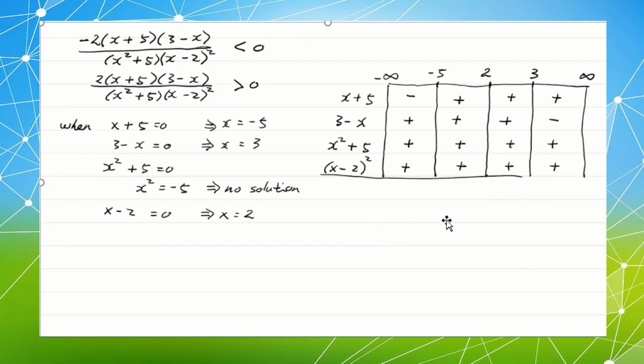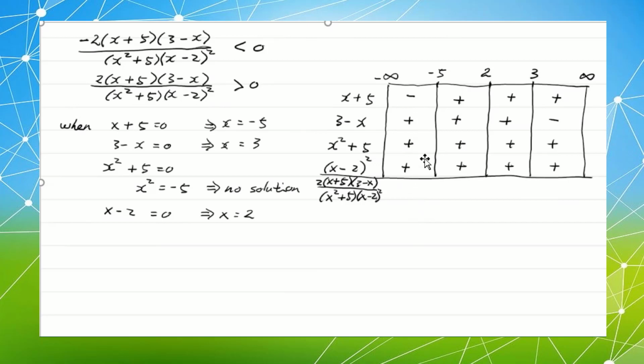Now we need to combine all the factors in order to get the final answer. That is x plus 5 multiply 3 minus x divided by x power 2 plus 5 times x minus 2 power 2.